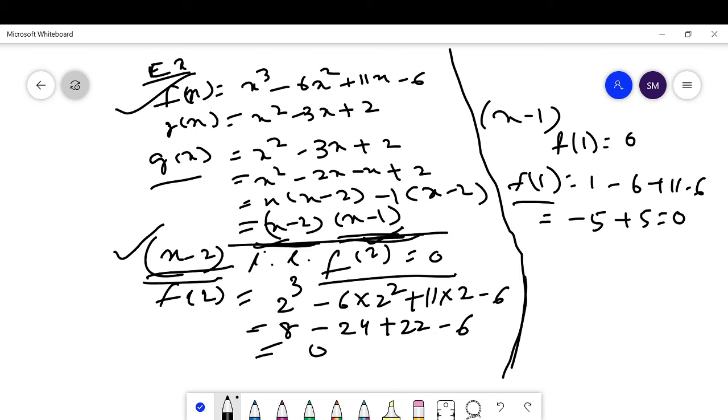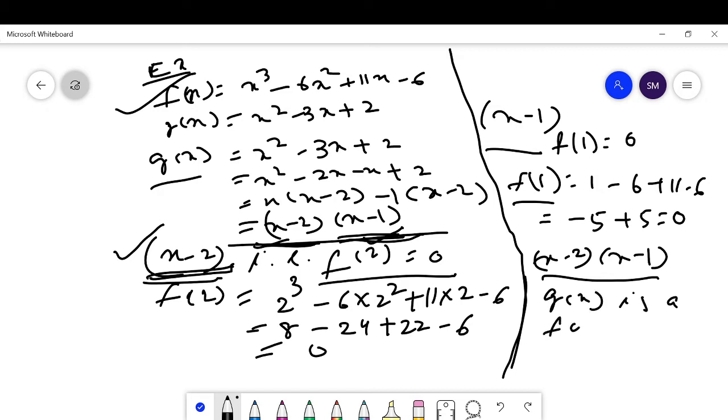When x minus 2 is a factor of f(x) and x minus 1 is also a factor of f(x), this shows that x minus 2 into x minus 1 is also a factor of f(x), which shows that g(x) is a factor of f(x), because g(x) is equal to x minus 2 into x minus 1.